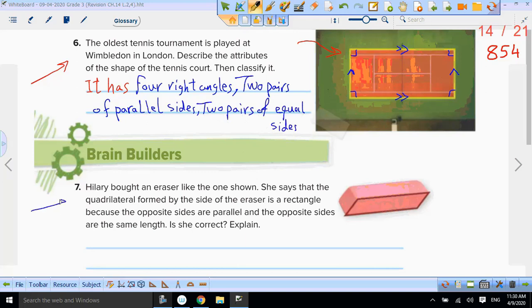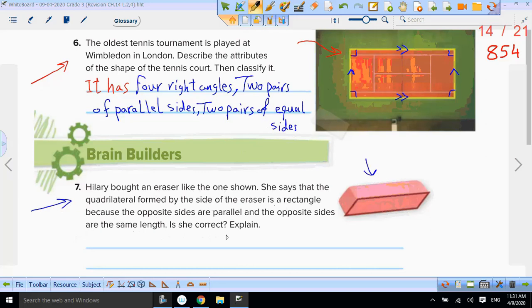Okay, for this one, Harry bought an eraser like the one shown. She said that the quadrilateral formed by the side of the eraser is a rectangle because the opposite sides are parallel and the opposite sides are the same length.